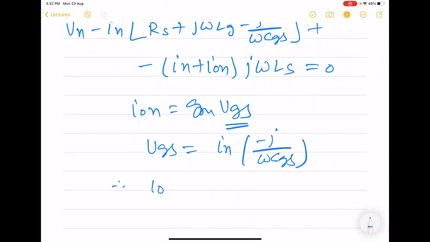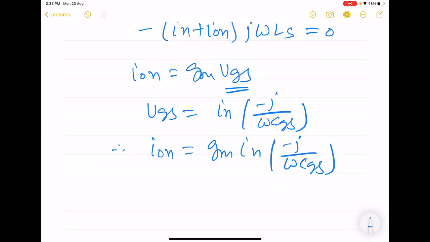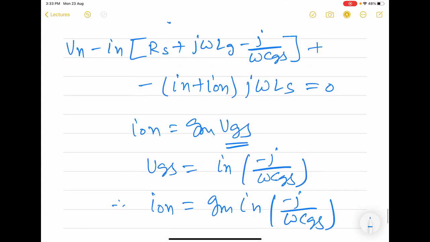Therefore, ION is equal to gm IN into minus j by omega CGS. So we now have a relation between IN and ION.